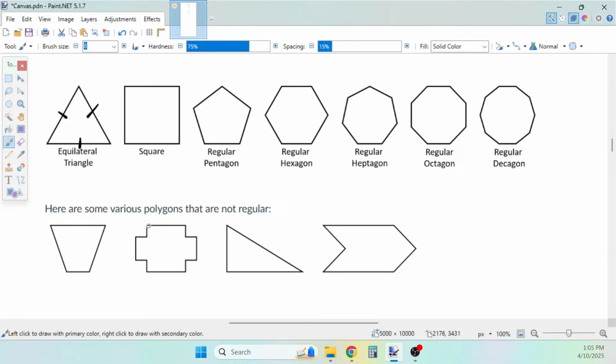So notice that this side is not the same length as this side, that means not regular. They also have all of the angles equal. So this one, not regular.